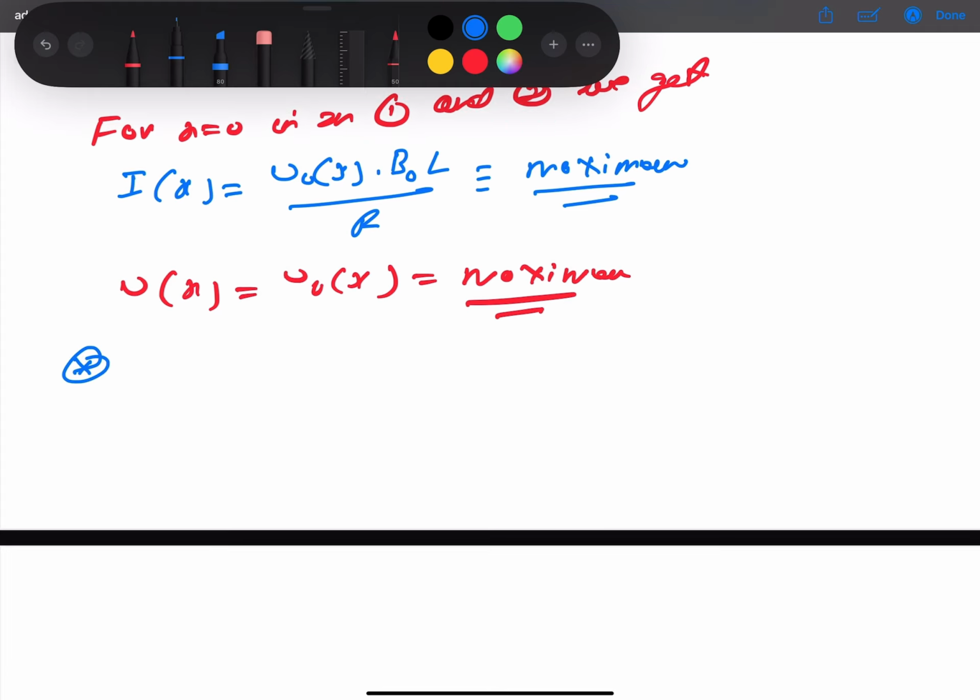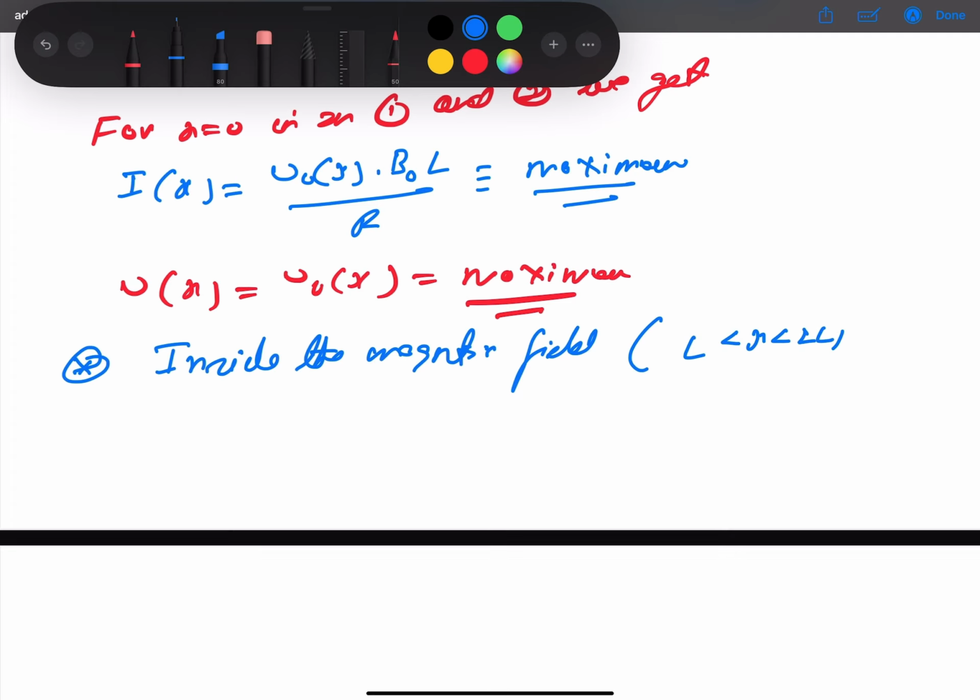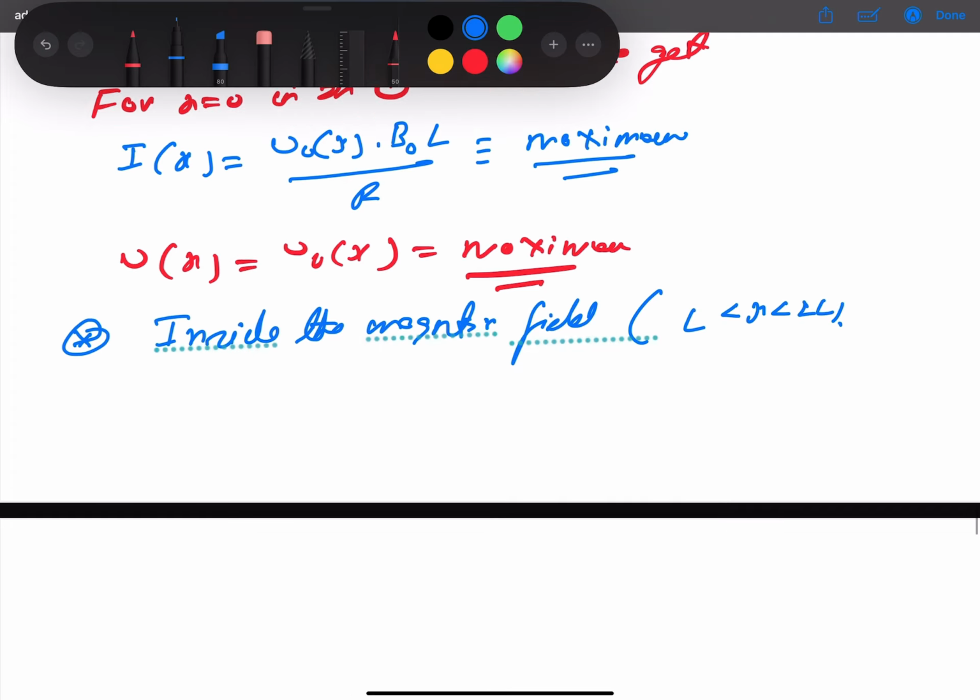Inside the magnetic field, or we can say x is greater than L but less than 2L. So within this region, the loop will be entirely, or we can say completely, inside the magnetic field.